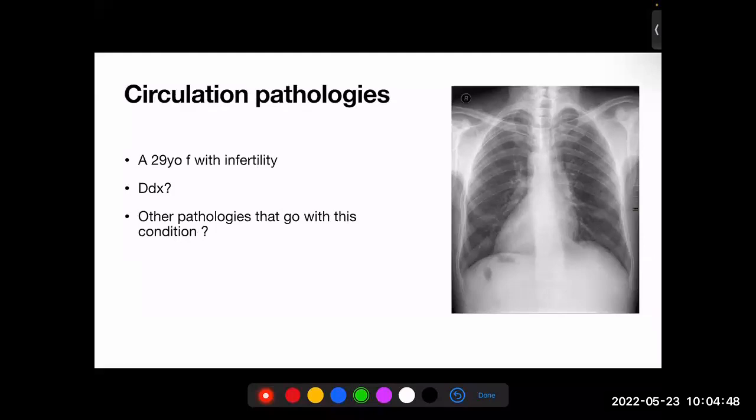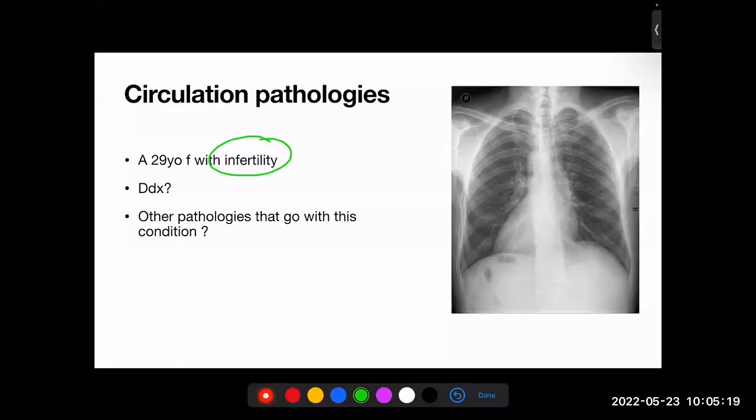A 29-year-old female with infertility. What is your diagnosis? Dextrocardia, yes. Why is infertility a clincher? You have a problem with cilia. Yes, immotile cilia syndrome.